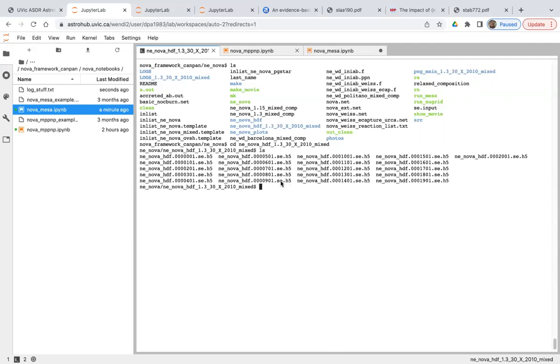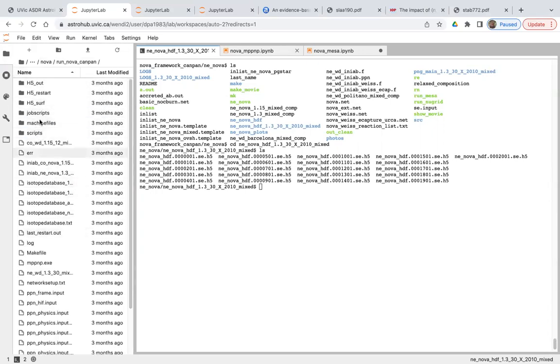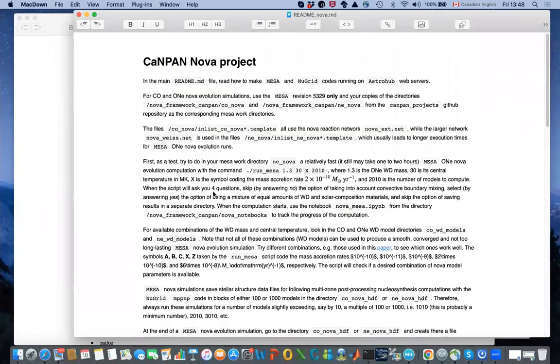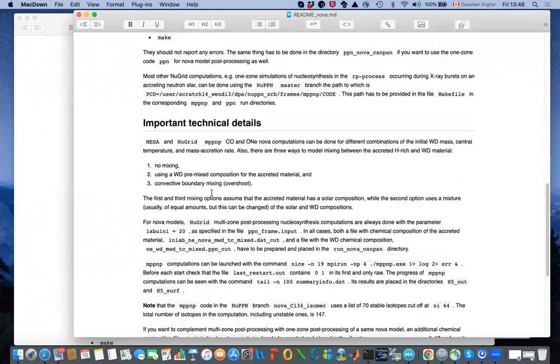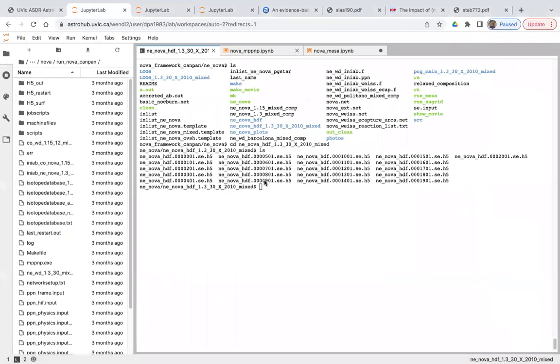They are compressed, but these files can be used as input data for multi-zone post-processing nova nucleosynthesis computations. For this we need to use the code which is here in run nova CaNPAN. This is explained in detail in this README file, so I'm not going to repeat it. You can read it, and if you have any questions, just ask me.